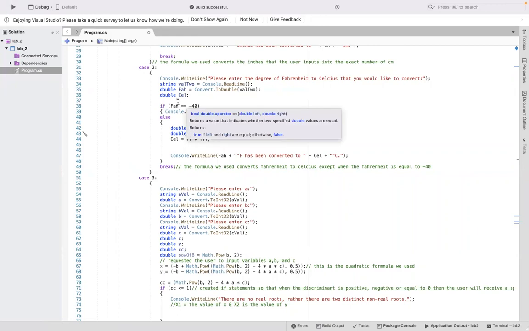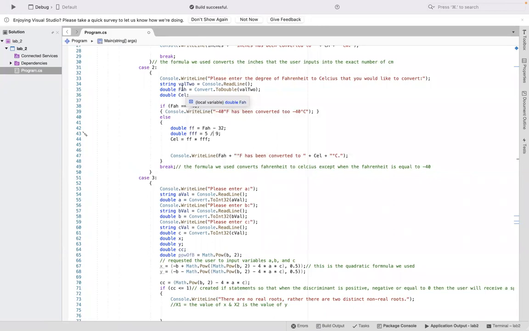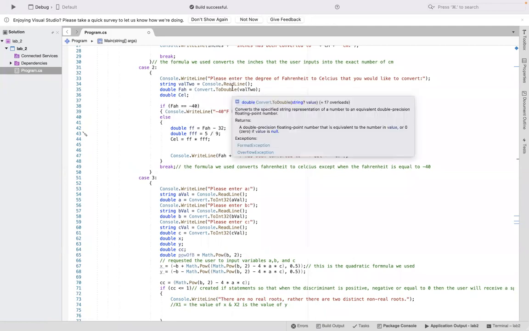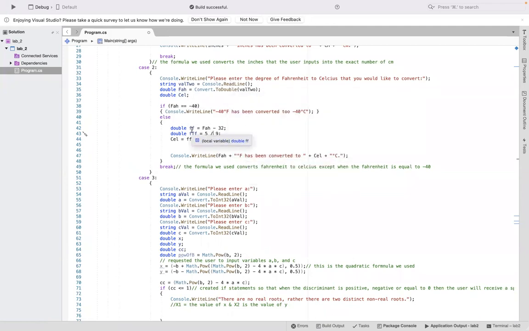But okay, so where do we get Fahrenheit from? You get Fahrenheit from here. So if the user types in, can we just look at how Shahab did it? Sure, I'm really tired of fixing this. I don't think Shahab even sent us the work that he did. He just sent us that question specifically.